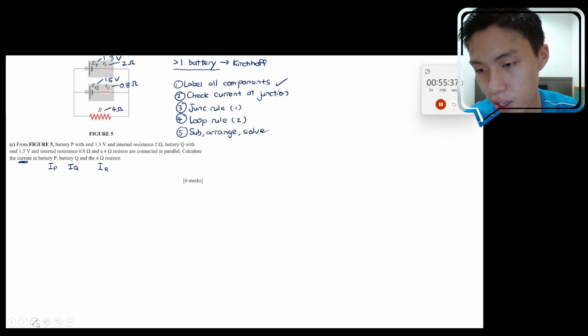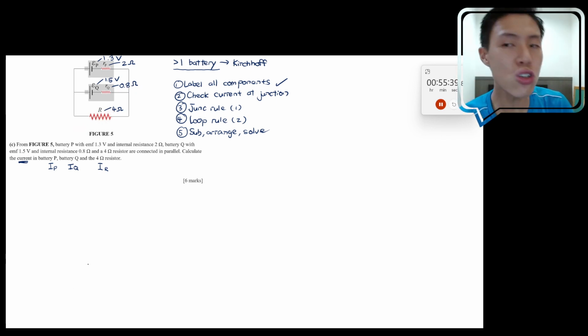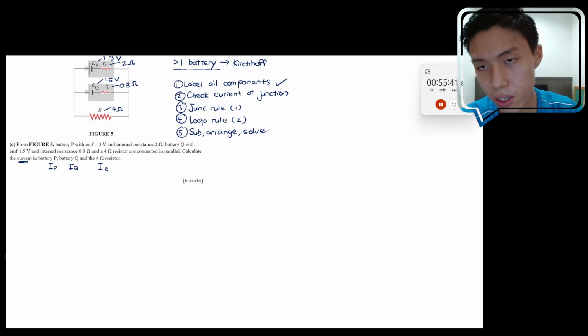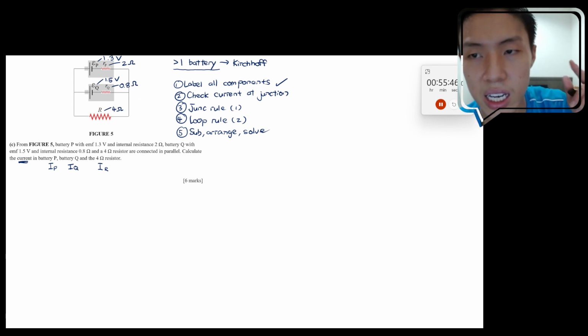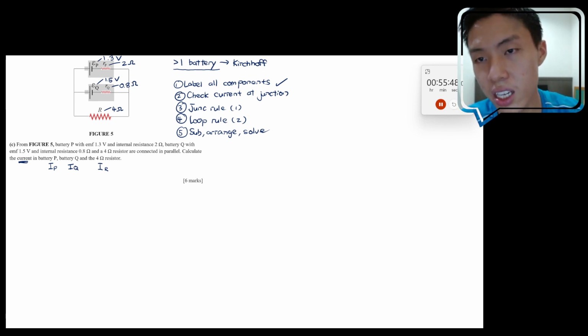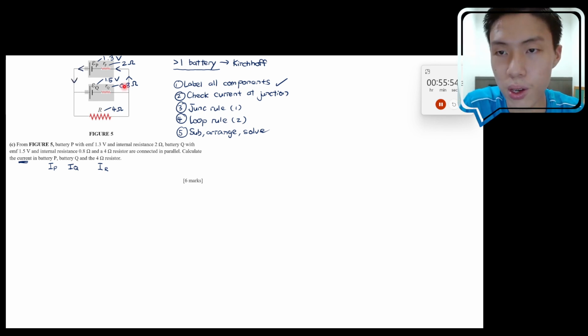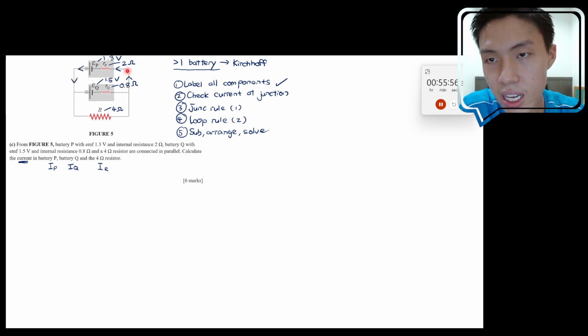So we have to be the one to assume a direction for the current. It's up to you how you want to assume it, as long as it's logical. So let's say if I choose to have current flowing this way, I have to be consistent. If I'm flowing this way upwards, impossible there's current flowing rightwards. It has to follow a certain direction.